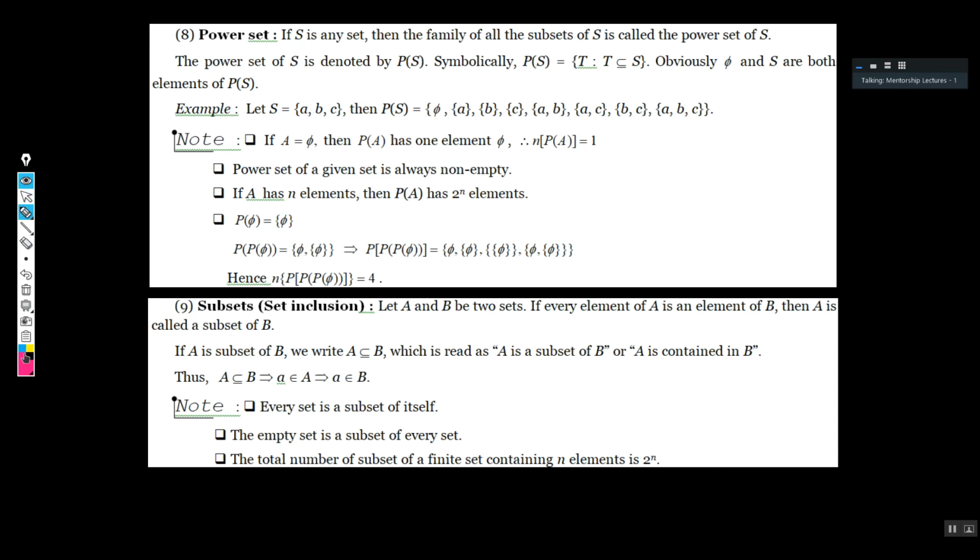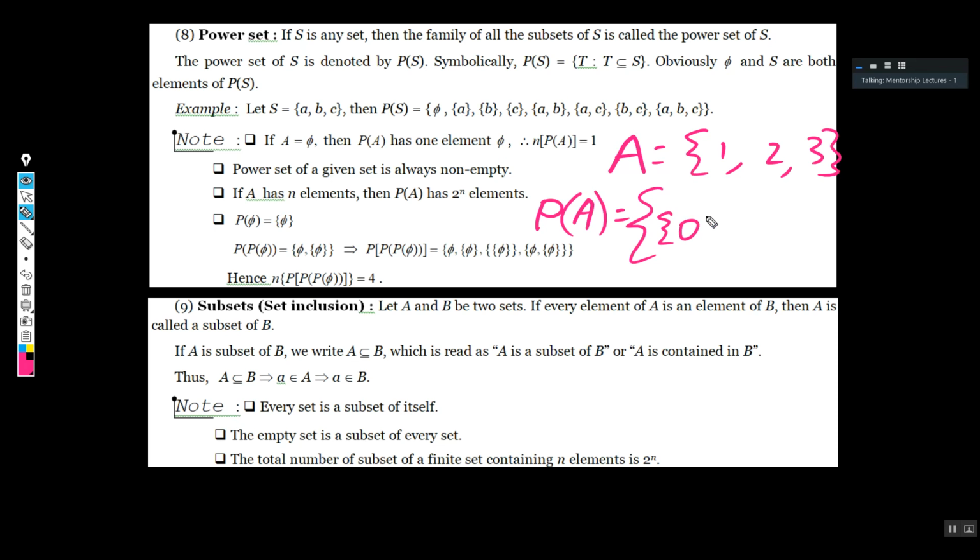Okay. See this one. I'll take an example and explain you. I have taken a set A as {1, 2, 3}. Now I need power set of A. How many subsets can be formed here? Subset means it is contained.